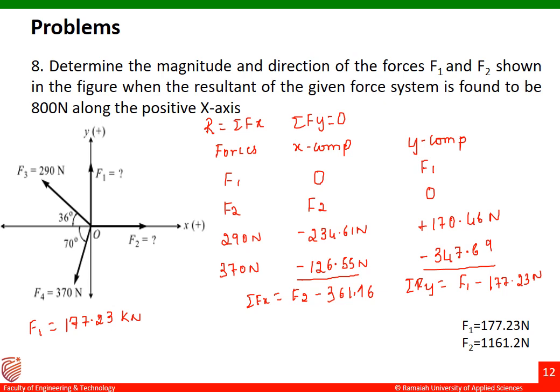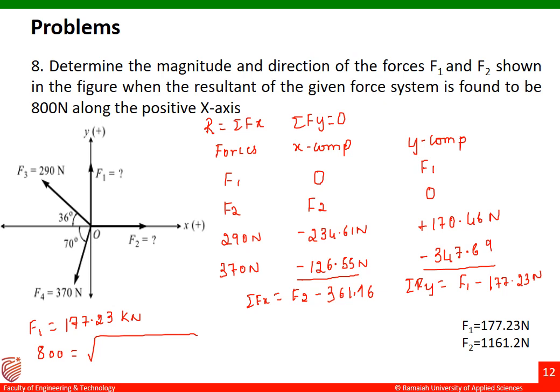So let us go for the second force, that is R is equal to summation Fx. So we'll find out the F2 value there. How we find out is, first we'll go for the R equation, that is R equals 800 equal to square root of summation Fx.